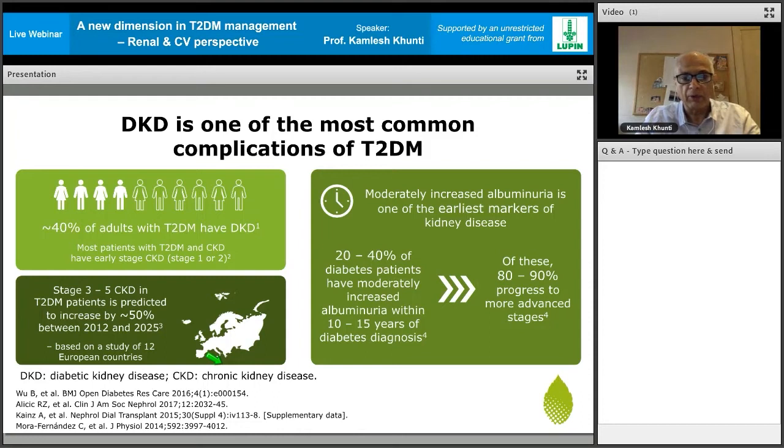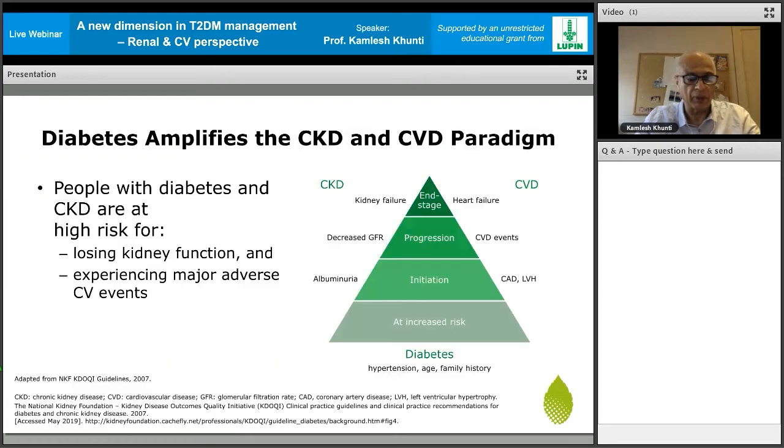And we've already said that moderately increased albumin doesn't have to be hugely increased, just around the 3 mark, is an early marker, and 20% of people will develop increased albuminuria within 10 to 15 years if they have early disease. About 80 to 90% of these will progress to advanced disease if we don't do something about it, and we'll come to what we can do later on.